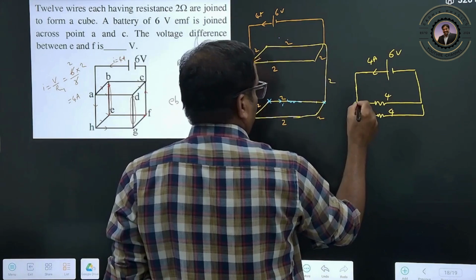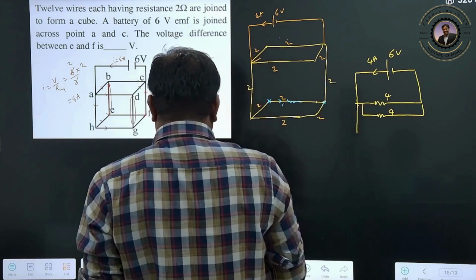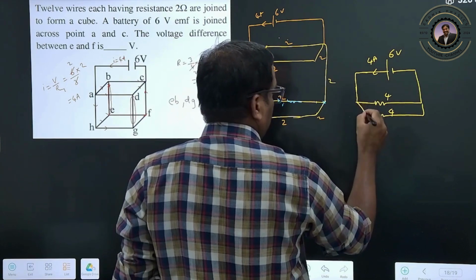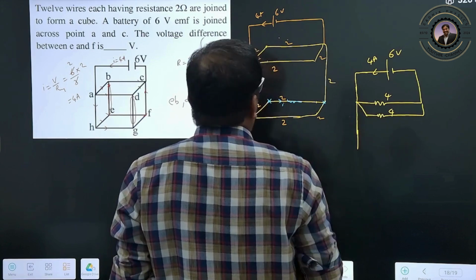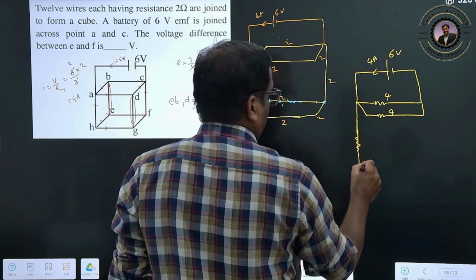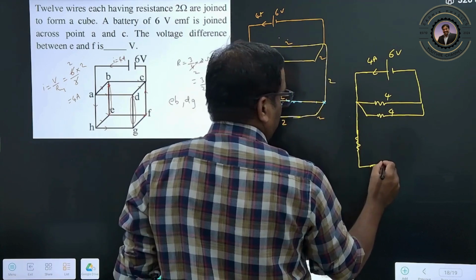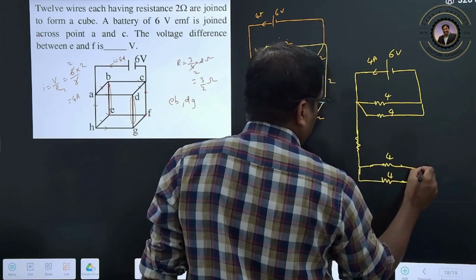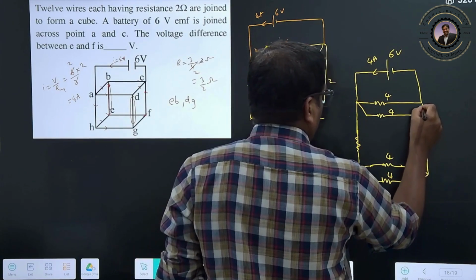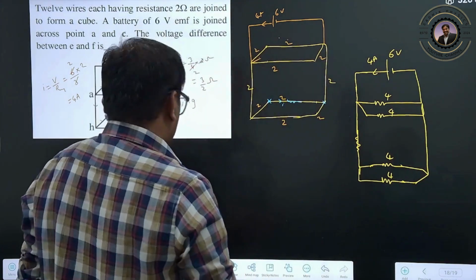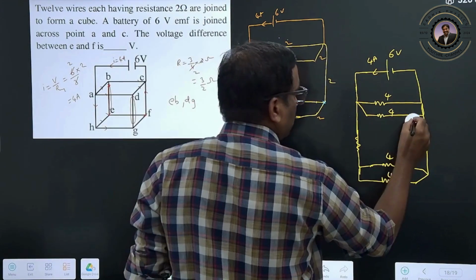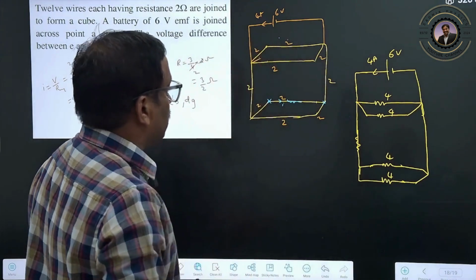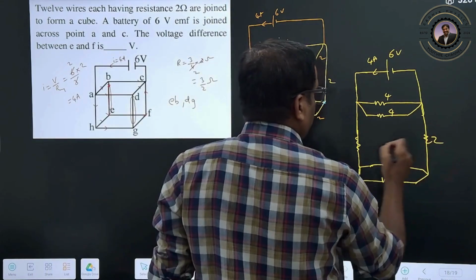And here this is 2 ohms, and again this side it will be 4 ohms, 4 ohms. Clear? So this is the circuit. Here also 2 ohms, 2 ohms.